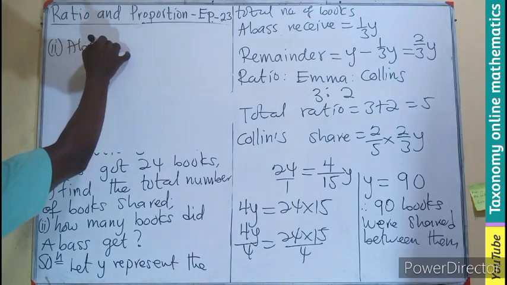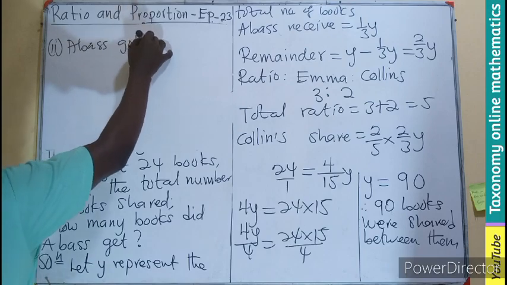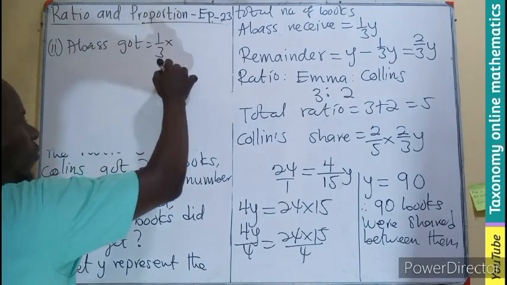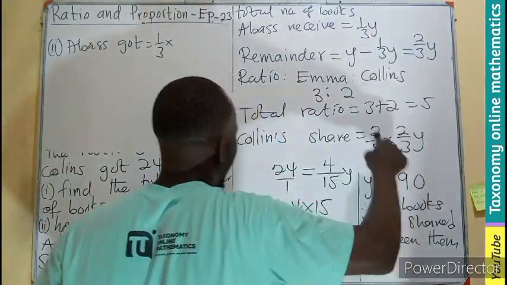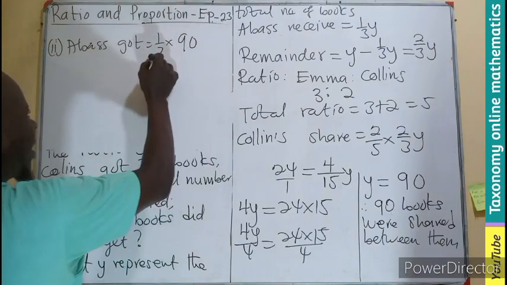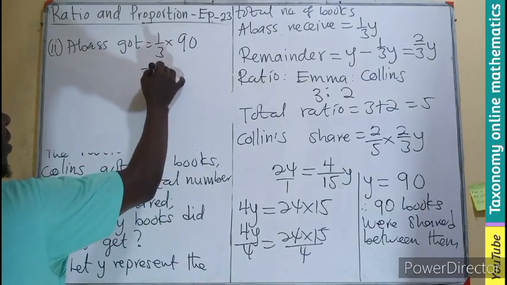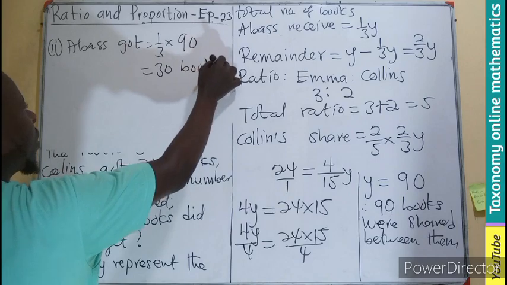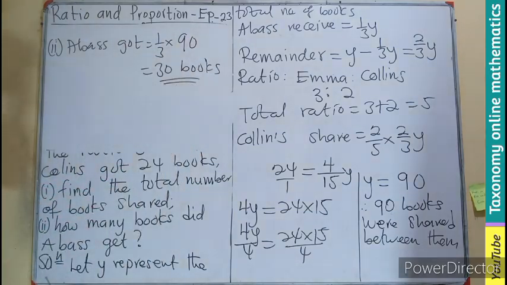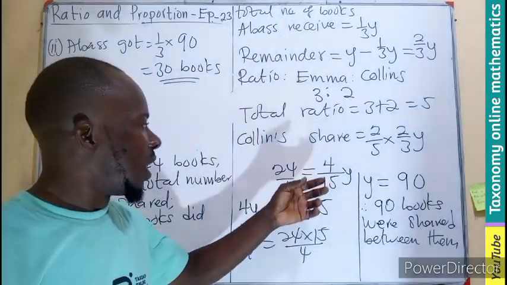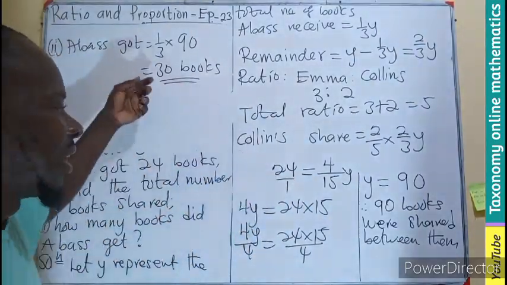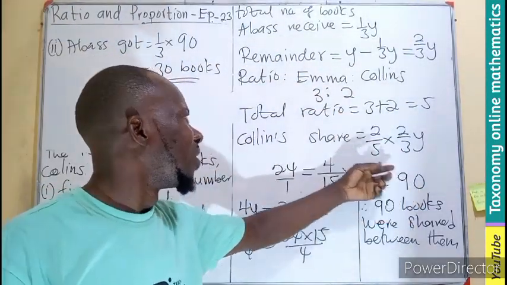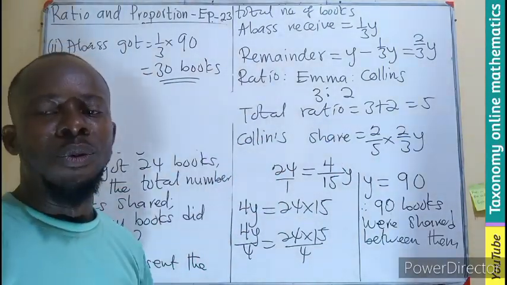So Abbas got 1/3 of y, and y is 90, which gives us 30 books. Then Collins takes 24. So 24 plus 30 subtracted from 90 will give us what Iman receives.